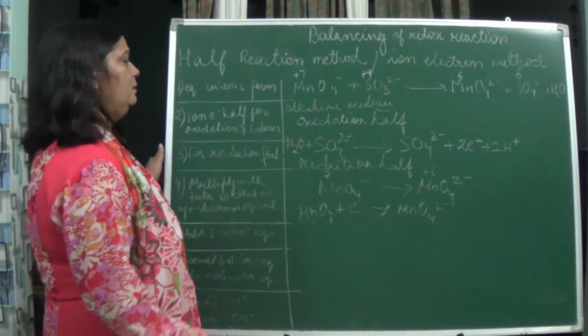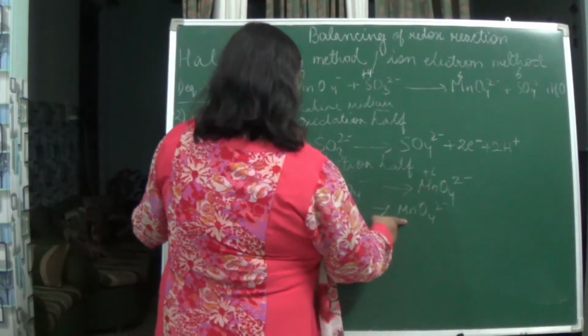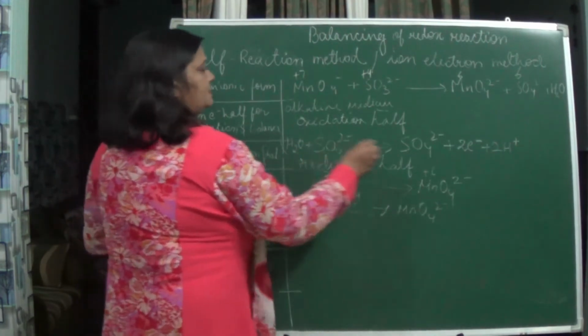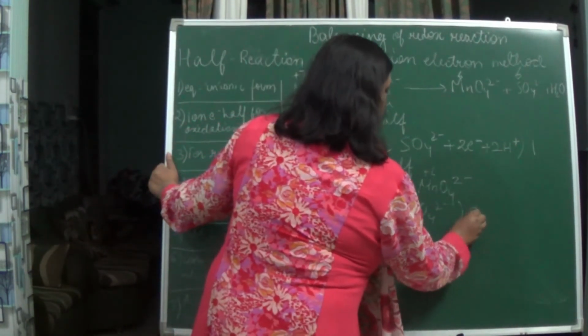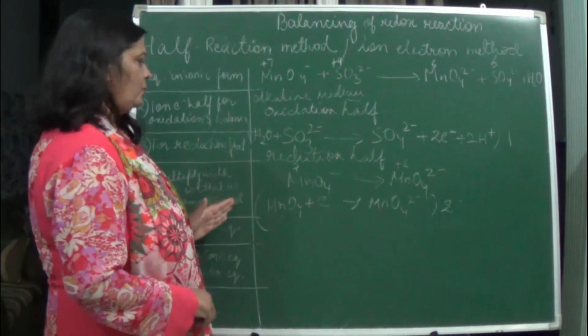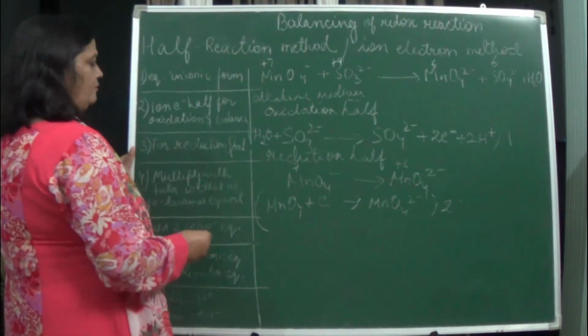Now what you have to do, here it is 2 electrons and here it is the difference of 1 electron. So you will be multiplying this with 1 and this one with 2. Okay. So oxidation half we will be multiplying it with 1 and reduction half we will be multiplying it with 2. Now let us see what we will be getting.